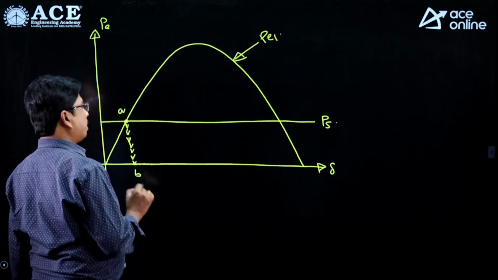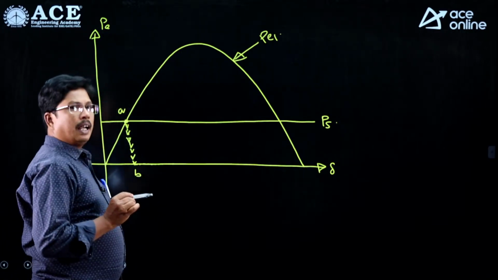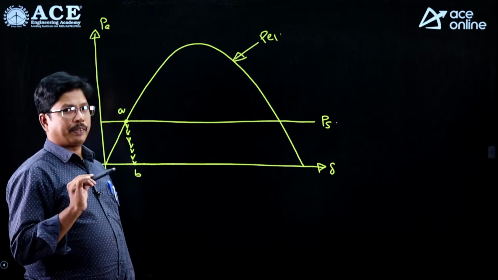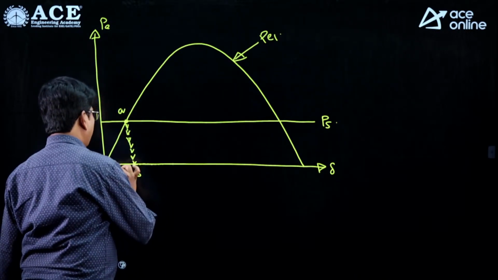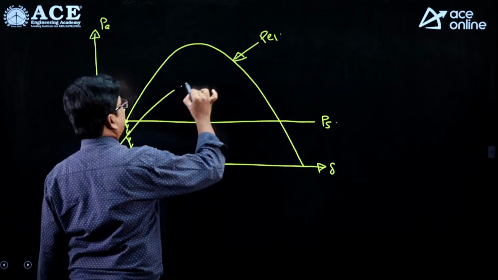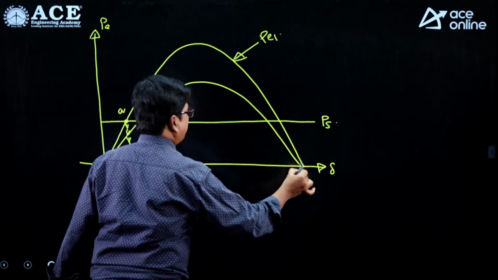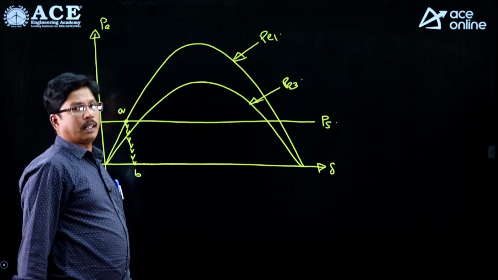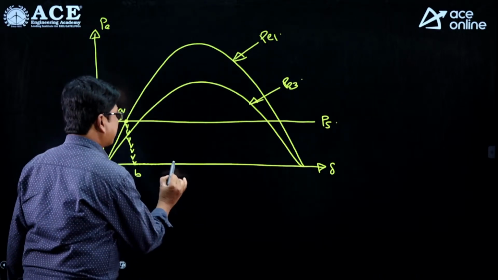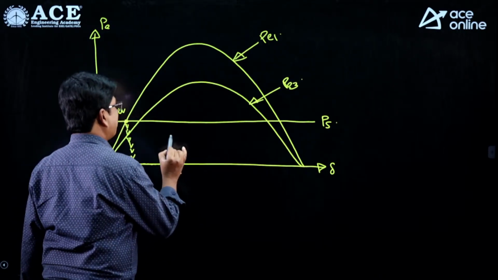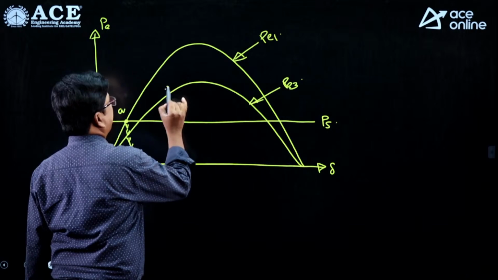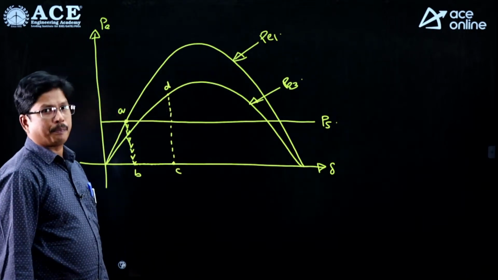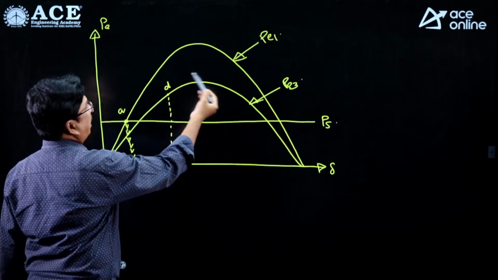Once the fault is cleared, we are going to draw one more curve, which is nothing but the P3 curve. As the fault is cleared at point C, the operating point will be shifted to point D on the P3 curve, and it has to follow this one.